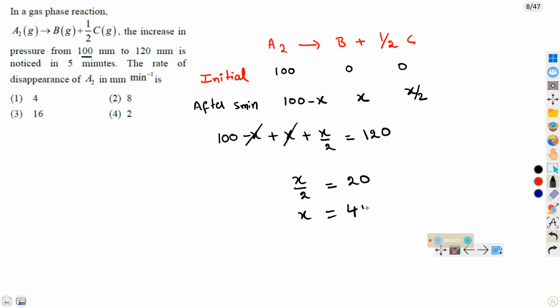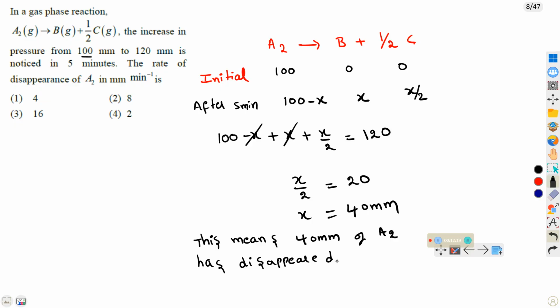X is equal to 40 mm. This means 40 mm of A2 has disappeared in the 5 minutes interval.